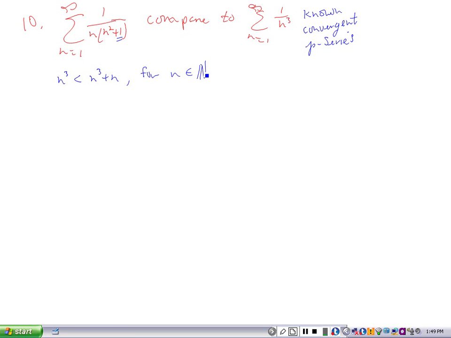Going from 1 to infinity. So if that's the case, then we also get that 1 over n cubed plus n is less than 1 over n cubed.